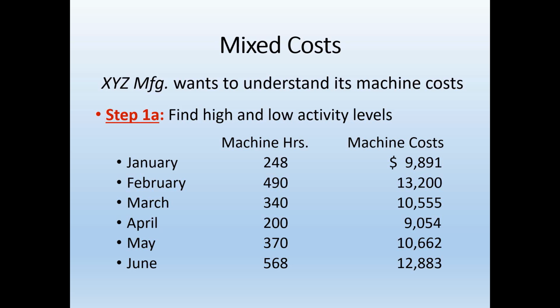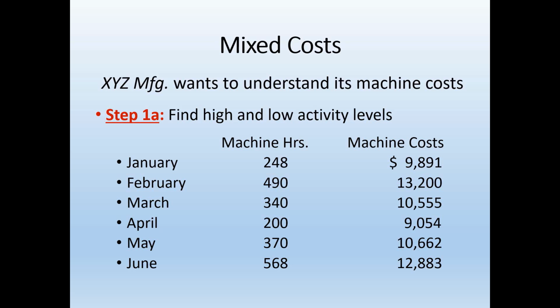and that's what I want to show you now. Let's assume that XYZ wants to understand its machine costs so that it can predict how much it will cost the firm to operate its machine in each period. The firm believes that machine costs are related to how many hours the machines run.